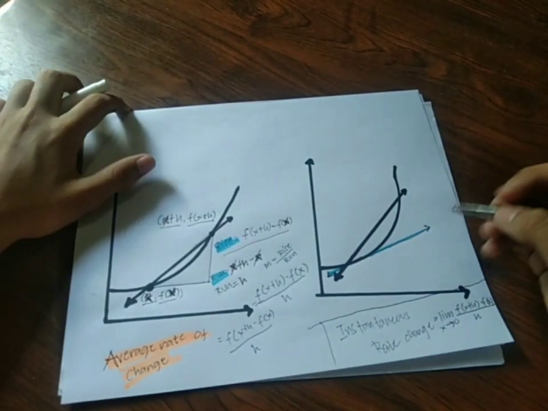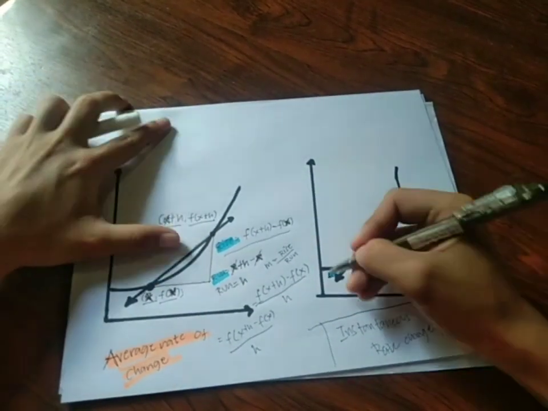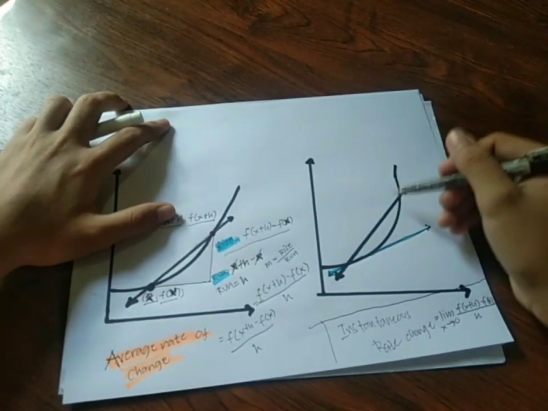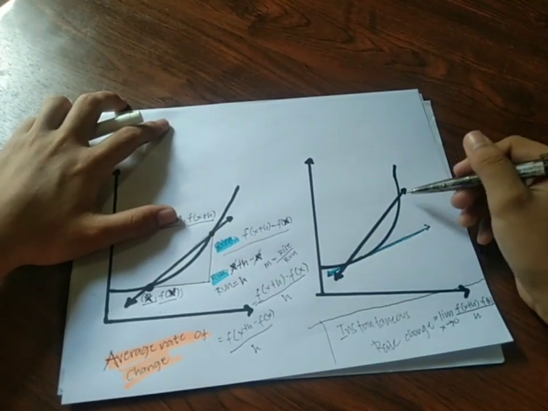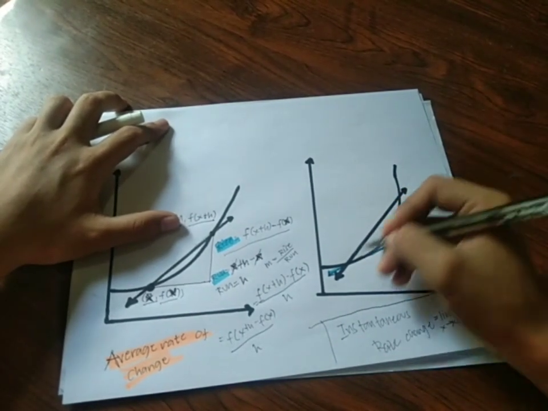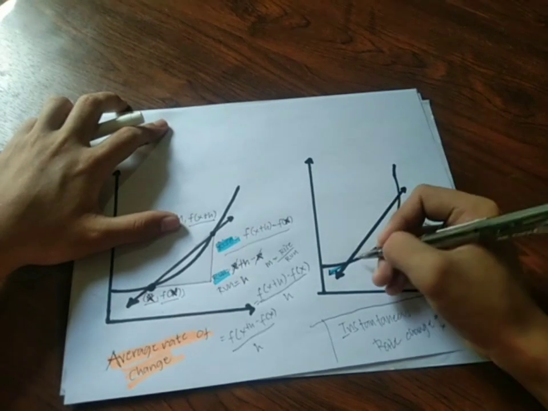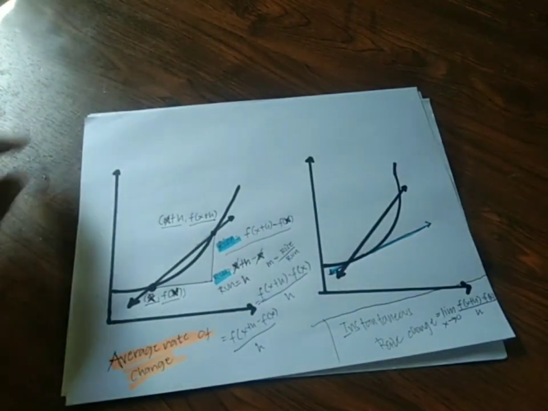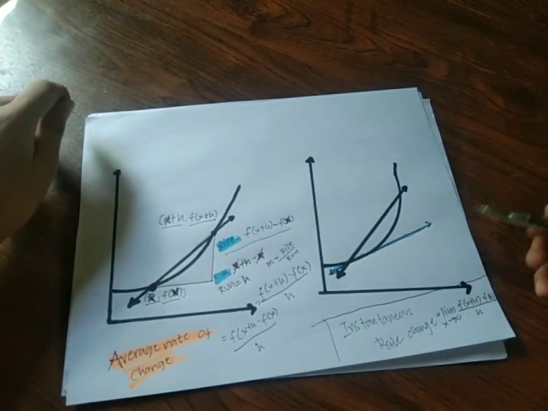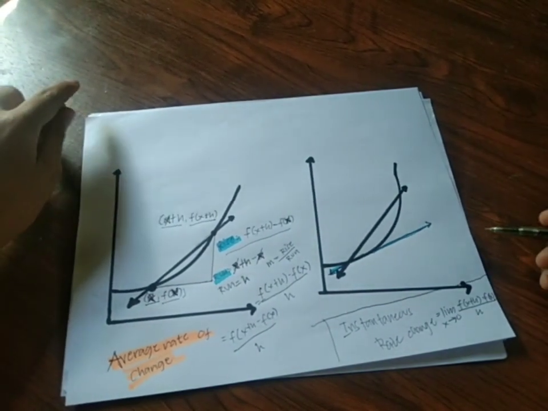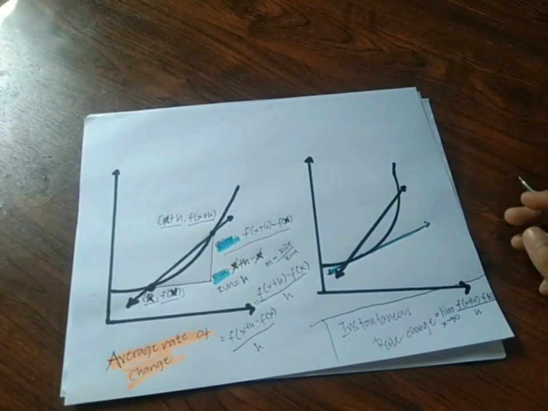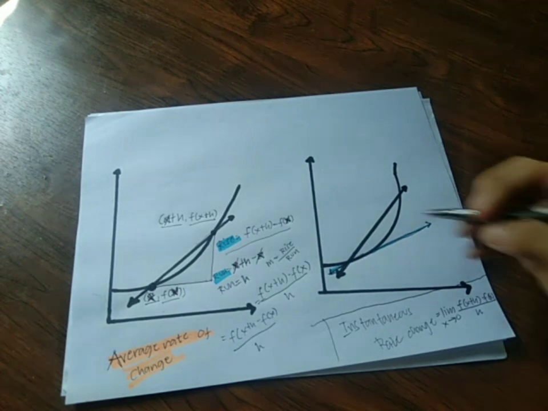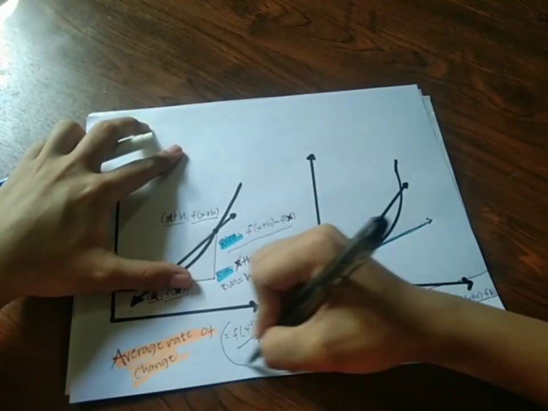So here in the second graph, this is actually the tangent line. This secant line moves downward, so it creates a tangent line at a certain point. That is the instantaneous rate of change. To find the slope of that tangent line, you will also use this one.